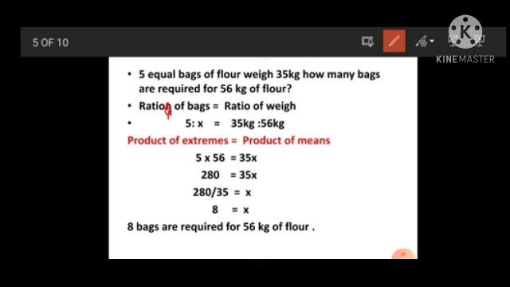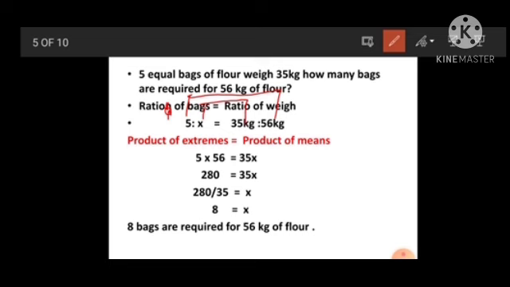Now product of extremes is equal to product of means. The product of extremes, first and fourth term, 5 multiplied by 56. Product of means, second and third term, 35x. So 5 multiplied by 56, 280 equal to 35x.